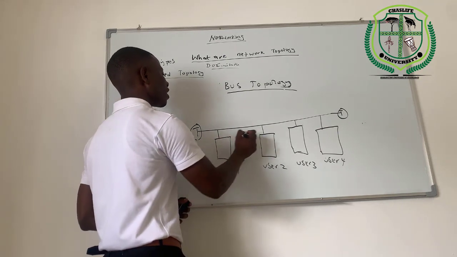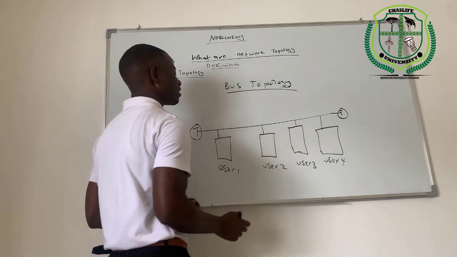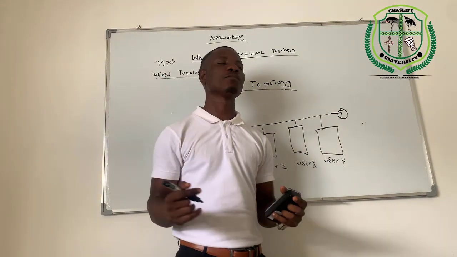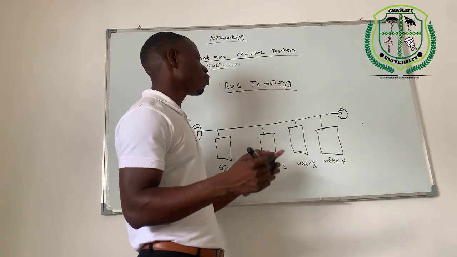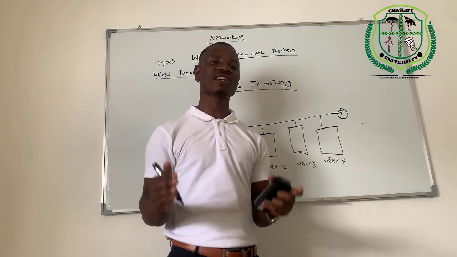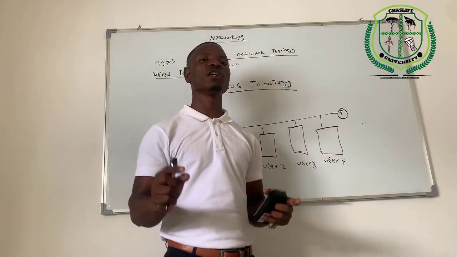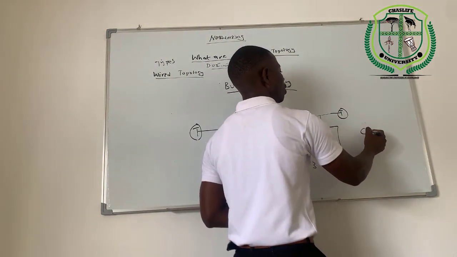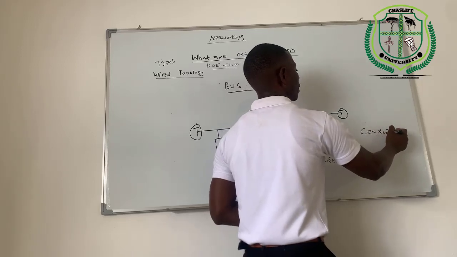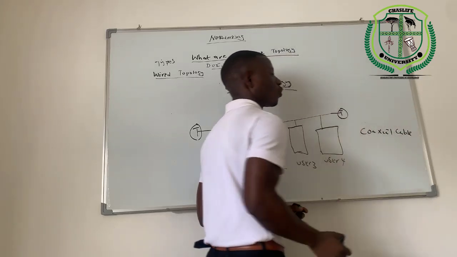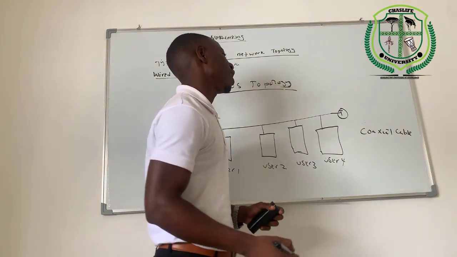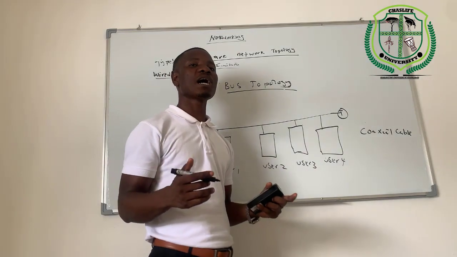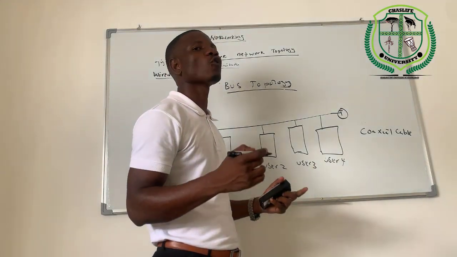Now, the computers are connected to the bus topology by the use of the coaxial cable. So these 4 computers are connected to the bus through a coaxial cable, and the coaxial cables are connected to the terminal bus through the BNC connector.